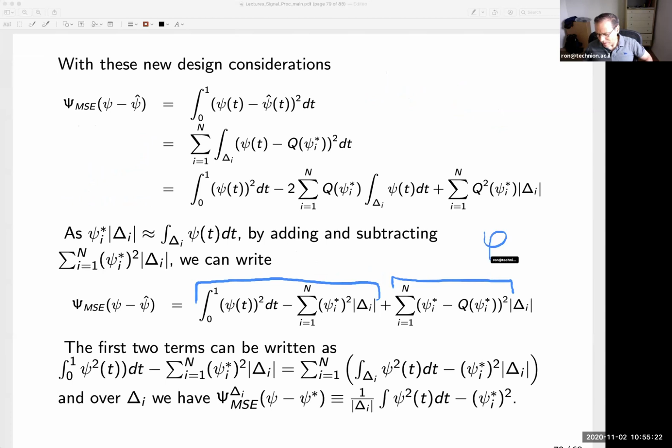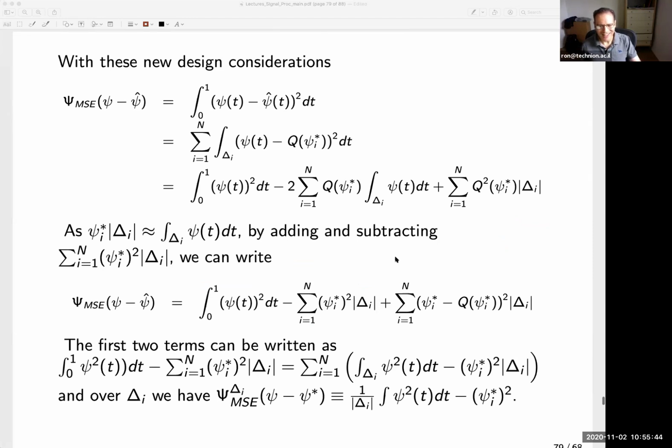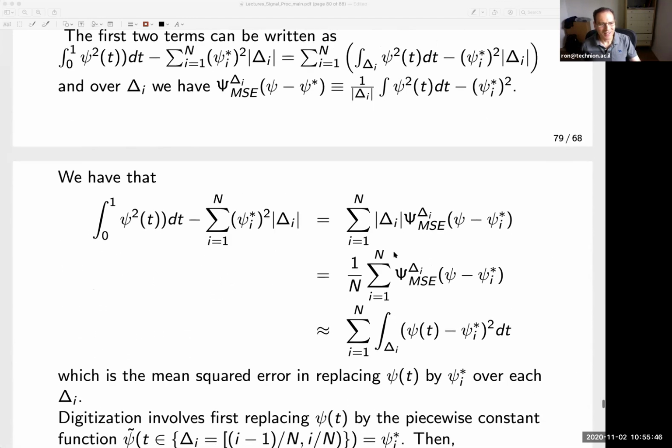Quantization in time was roughly the x-axis, and this one was the y-axis. We have seen that the first two terms can be written as such. So quantization in time, we did the analysis and we got something. And now we are ready to work with the quantization in the y-axis, in the values.